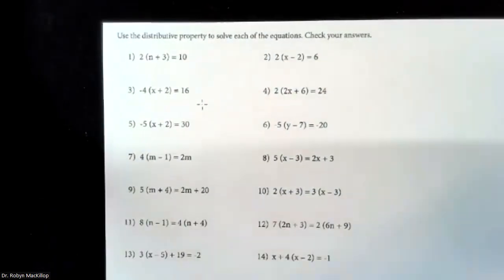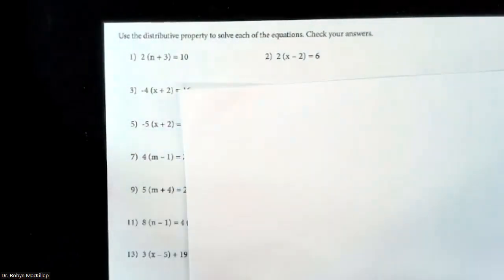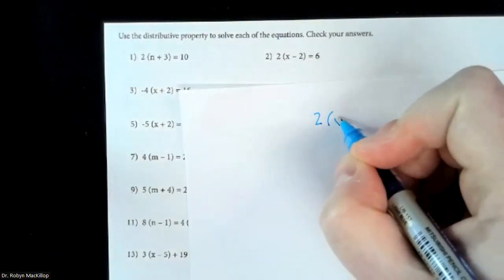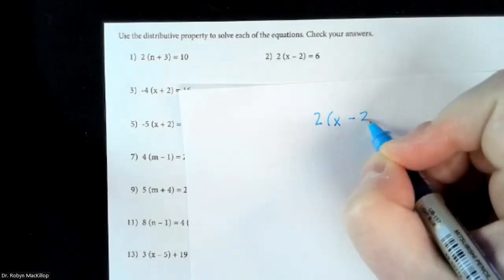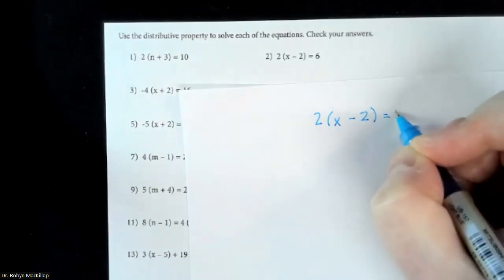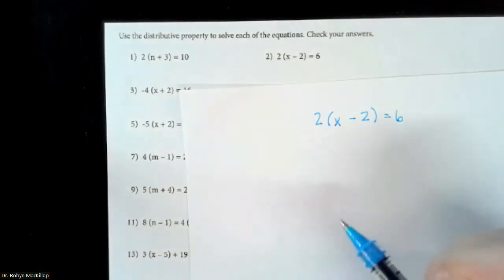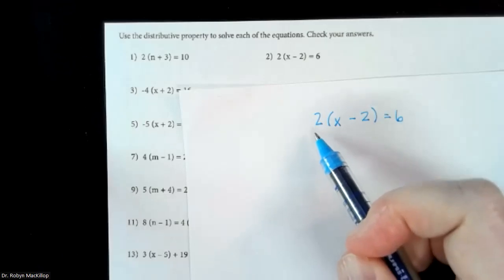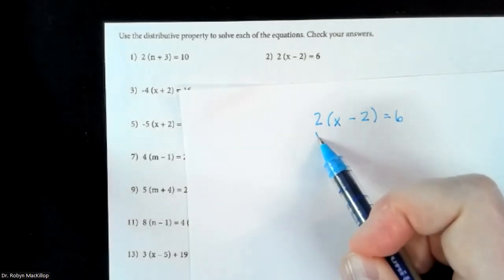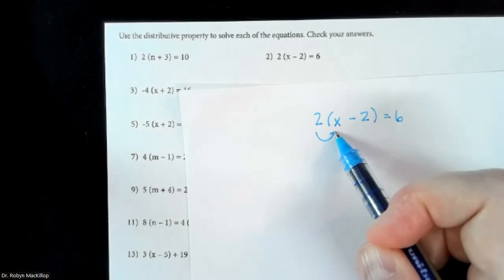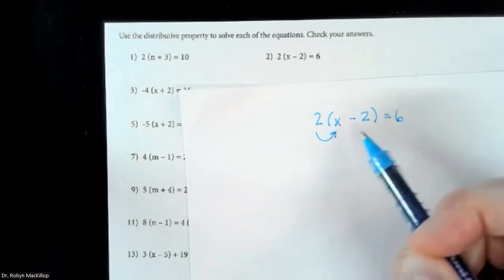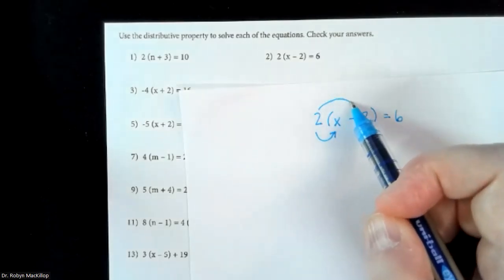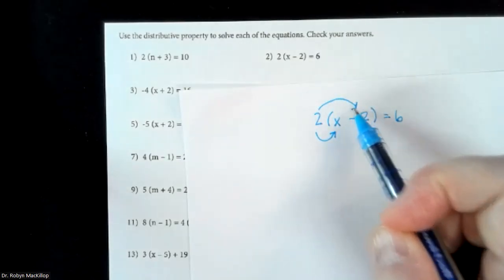So here, let's do number 2. We've got 2 times x minus 2 equals 6. Distributive property means you're going to take this number and multiply it by the first thing in the equation, then do it again by the second.